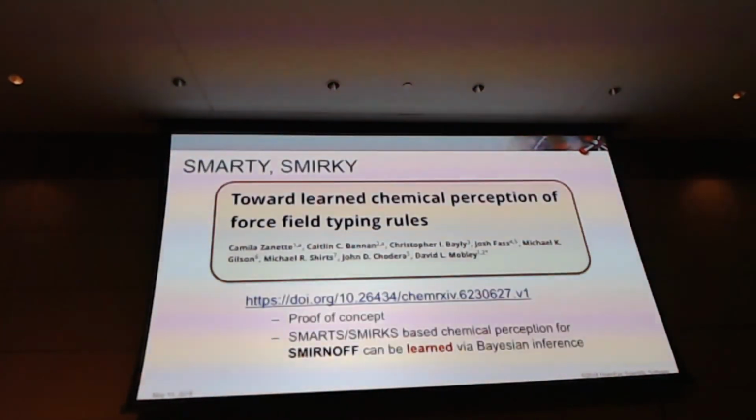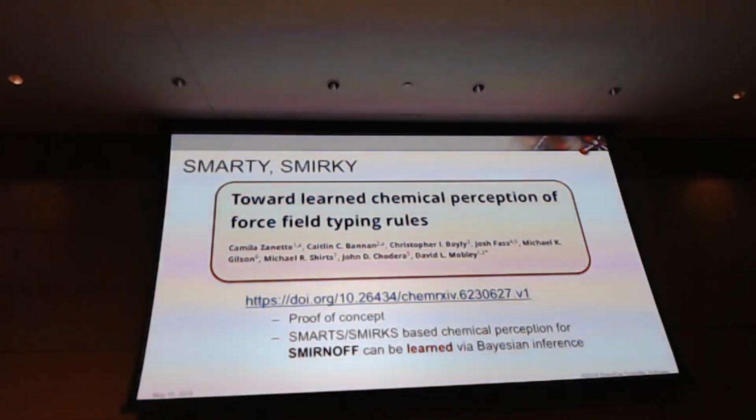And in fact, in some very exciting work, which Caitlin Bannan and David Mobley's group has been a central pillar of, it's carrying forward learned chemical perception of the force field typing rules. So this is another preprint which is very freshly out. It actually delivers on the proof of concept of this, and it shows that with SMARTS and SMIRKS-based chemical perception, you can get the chemical perception for a SMIRNOFF force field to be learned via Bayesian inference.